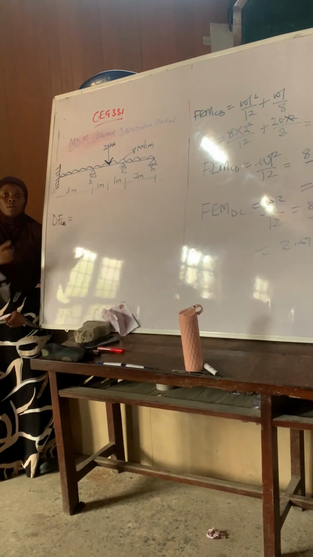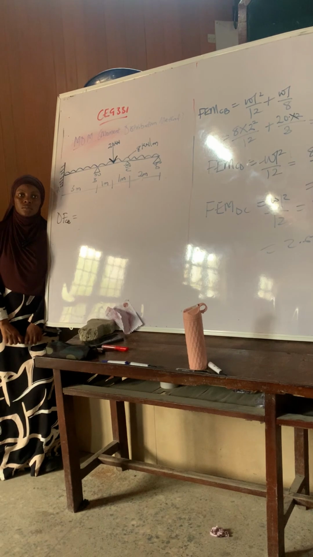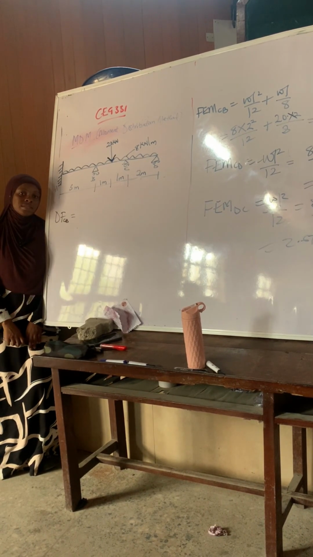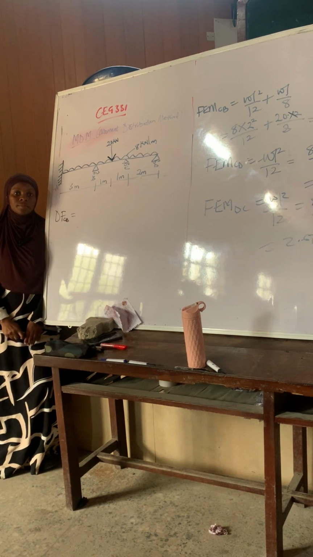For CB, what will be our formula to get our distribution factor for BC, for CB rather?